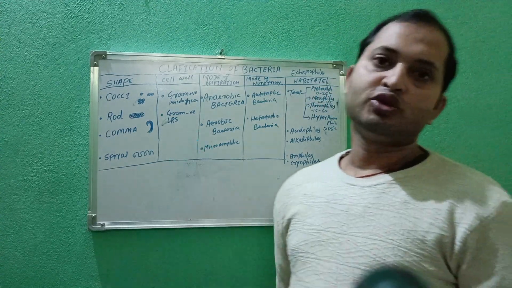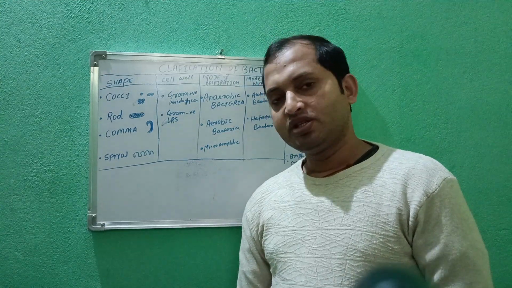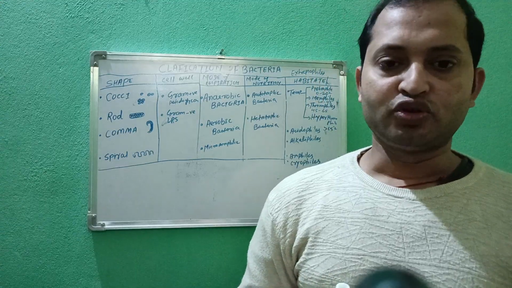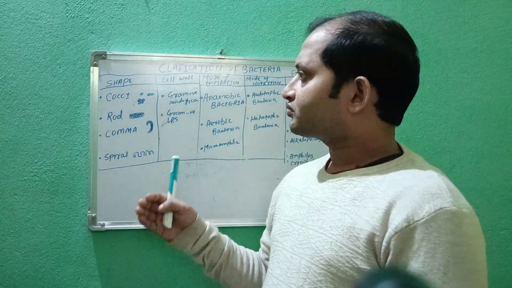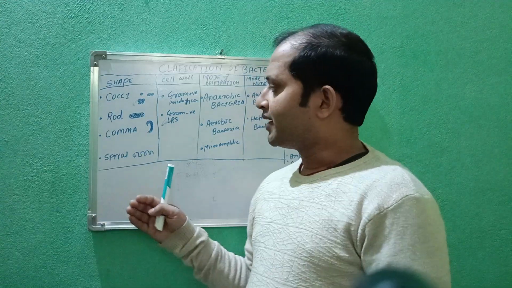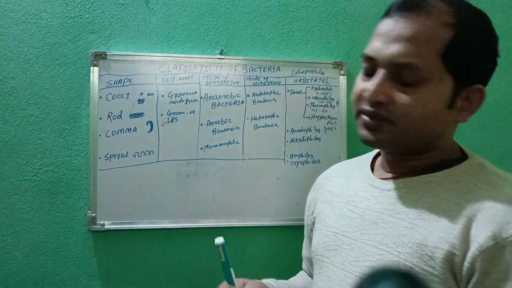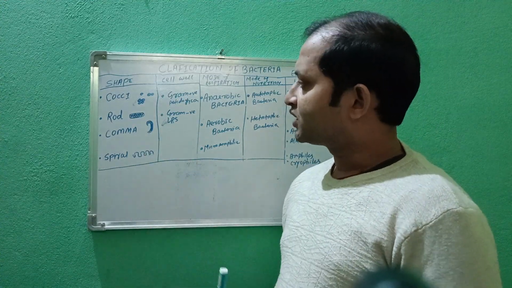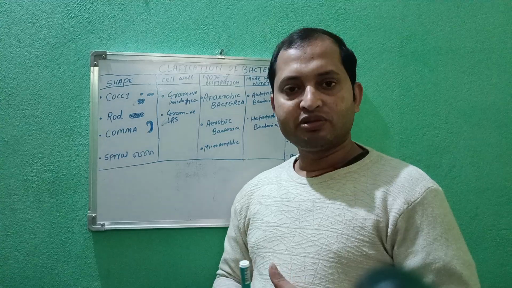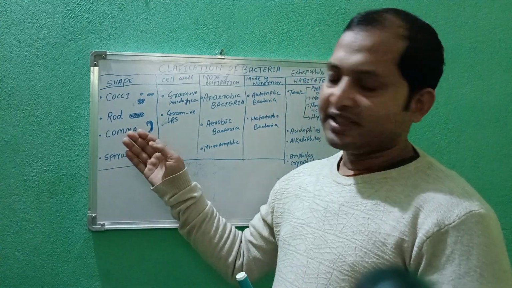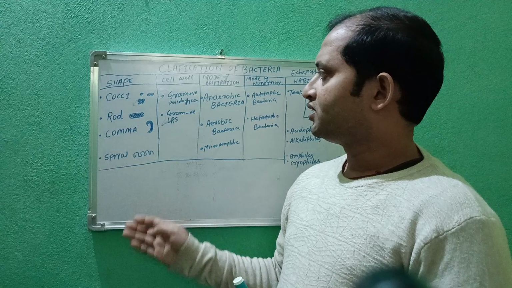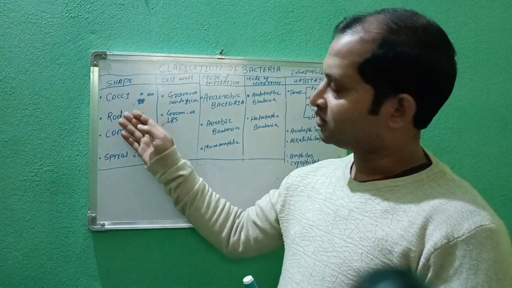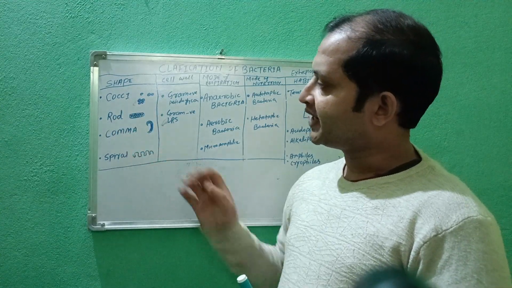First of all, I'm talking about the feature called shape. On the basis of shape, bacteria are divided into four categories: cocci, rod, coma, and spiral. After staining the microbes, bacteria are seen in different shapes under the microscope and named cocci, rods, coma, and spiral.